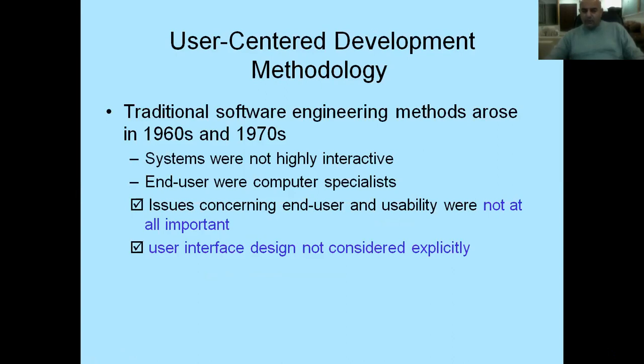Software engineering arose in the 1960s and 1970s because systems were not highly interactive. End users were computer specialists, just specialists in computers, who used the computer. The other people didn't use the computer.